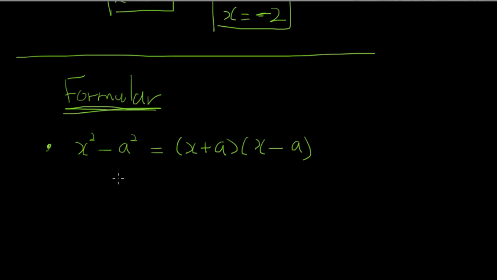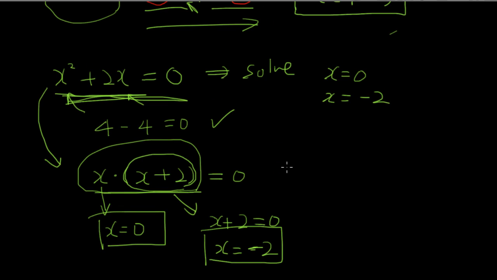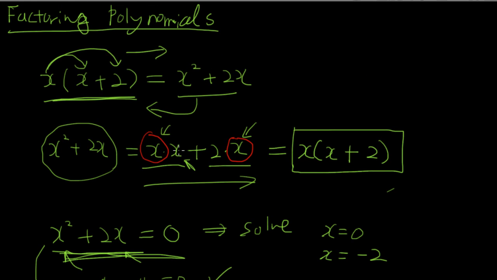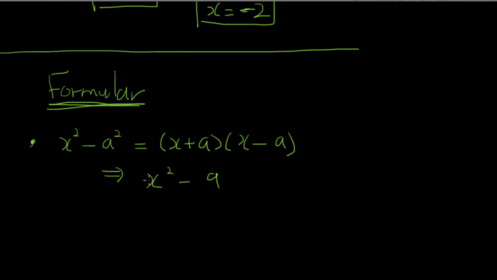Well, let me give you a quick example. Let's say you have x squared minus 9. Can we factor it? If we try to apply the previous technique of dividing whatever is given into smaller factors, this will not work.